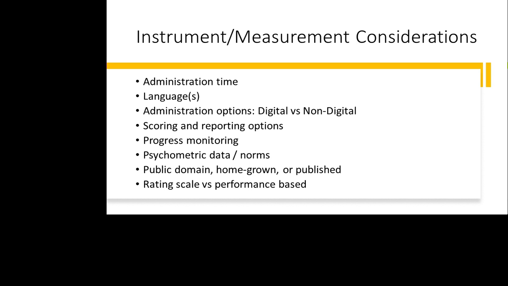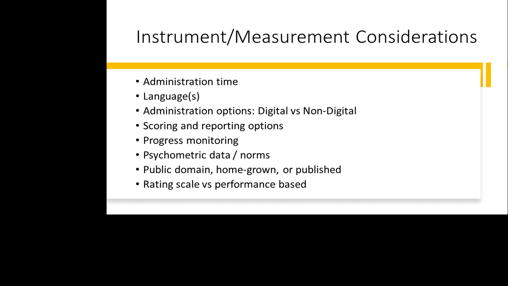It's obviously important to think about the psychometric data around an assessment. You need to understand things like reliability, validity, classification accuracy, and things like that. Is the test providing the information you need? Are you using the right tool for the job? There might be different reasons you would have different tools in different scenarios.